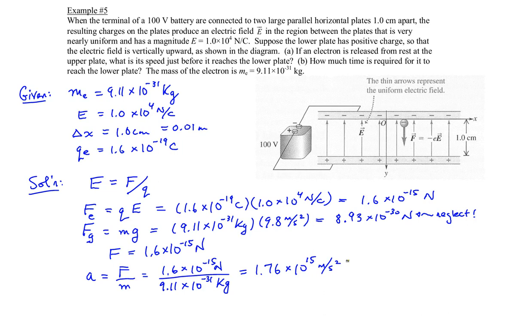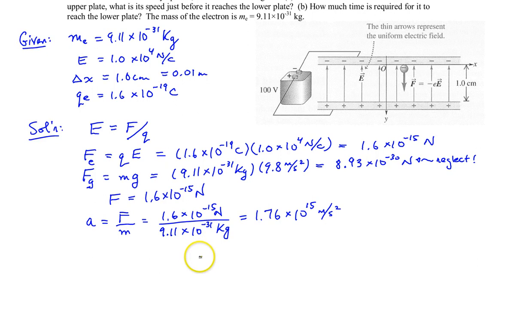So now that we know the acceleration, we should be able to determine the velocity. And to determine the velocity, we know that the velocity of the electron initially is 0 meters per second, and we know the distance that it went downwards was 1 centimeter, and we now know the acceleration. So let's go ahead and use v squared equals v0 squared plus 2a delta x.